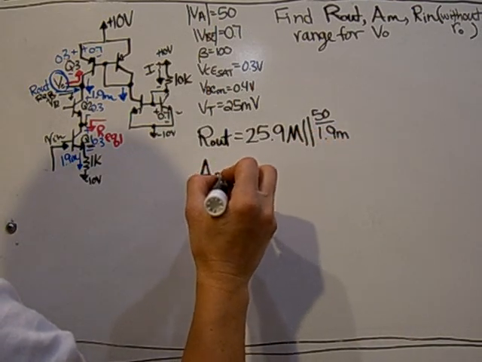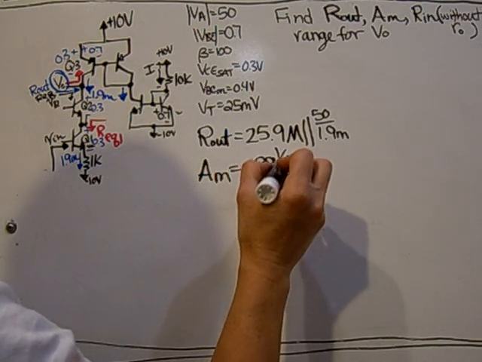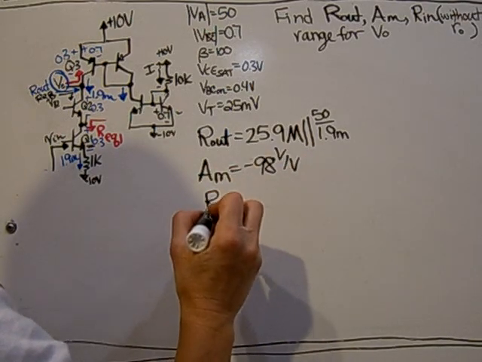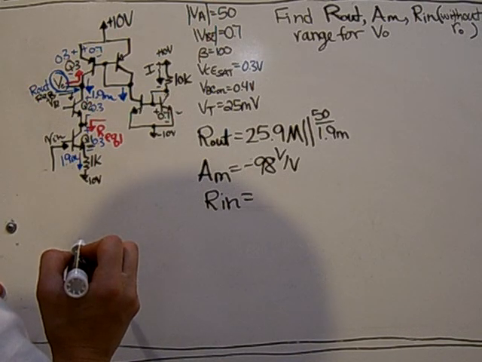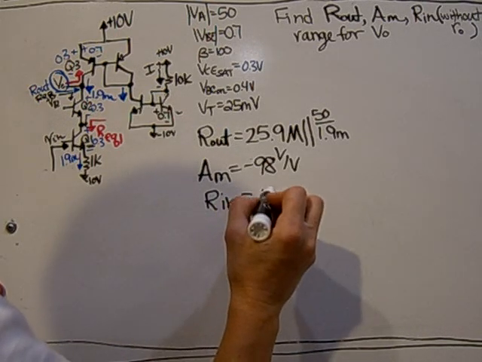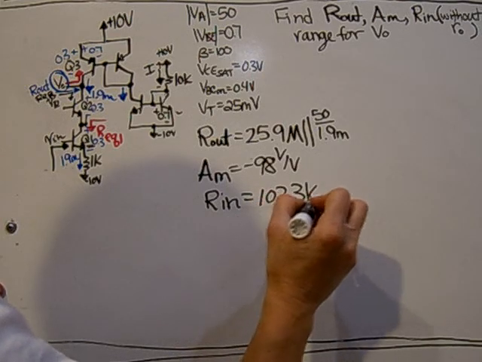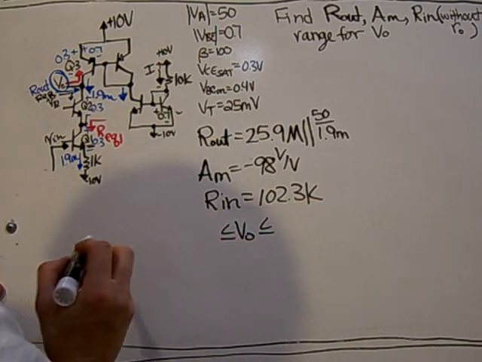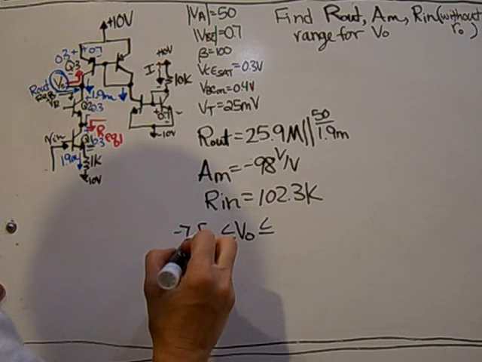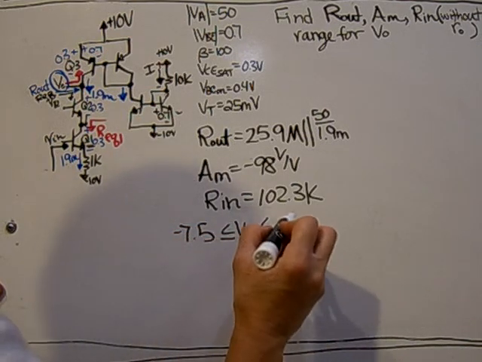Am was minus 98, and our R in was 102.3K, and then the range for V out ranged from minus 7.5 to 9.7.